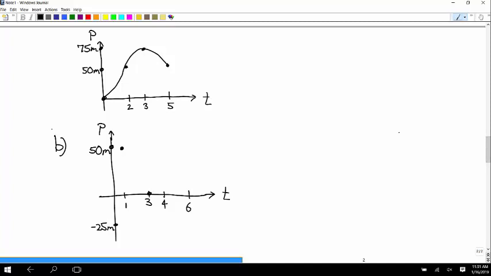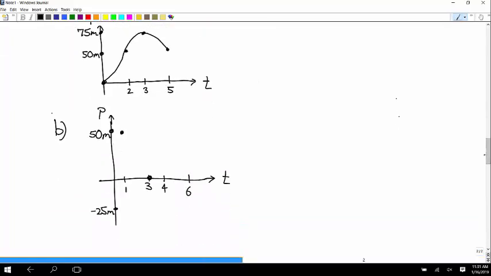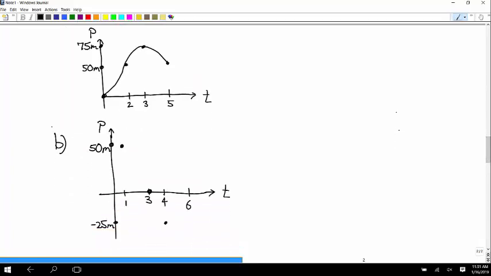So here, next is 4, negative 25. And then last is 0. Oh, sorry, I did it backwards. 6, 0. Okay, so plot this, and it looks something like that.